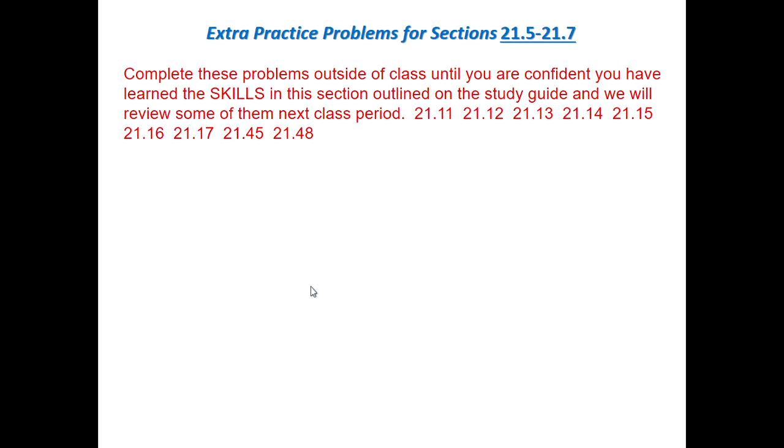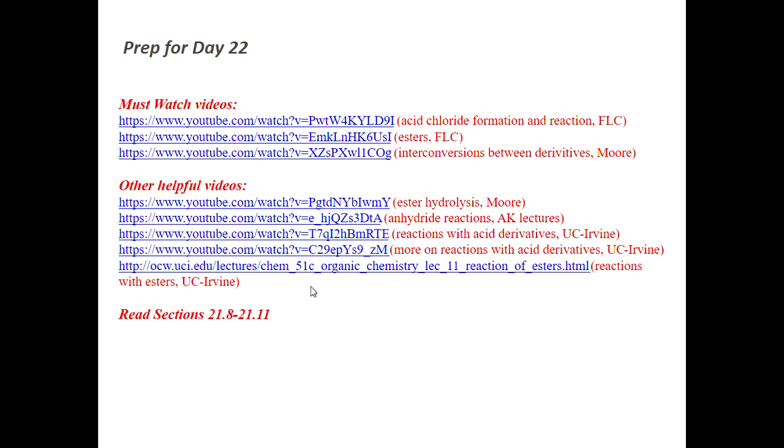So practice up there. And on Wednesday, we will, I believe, finish out this chapter. So we'll be talking a little bit more about some of the carboxylic acid derivatives and how to make them and interconvert between them.